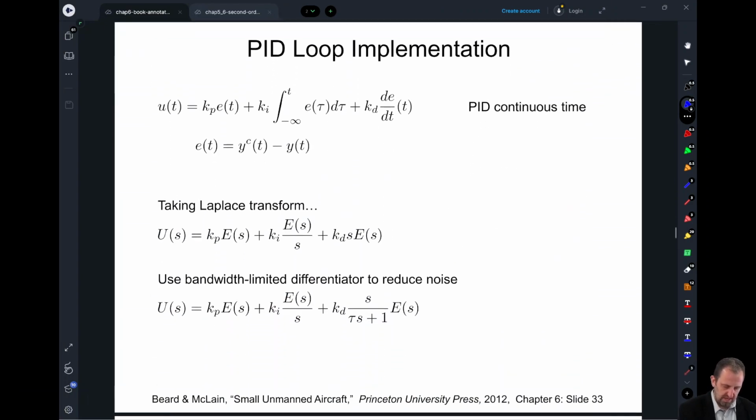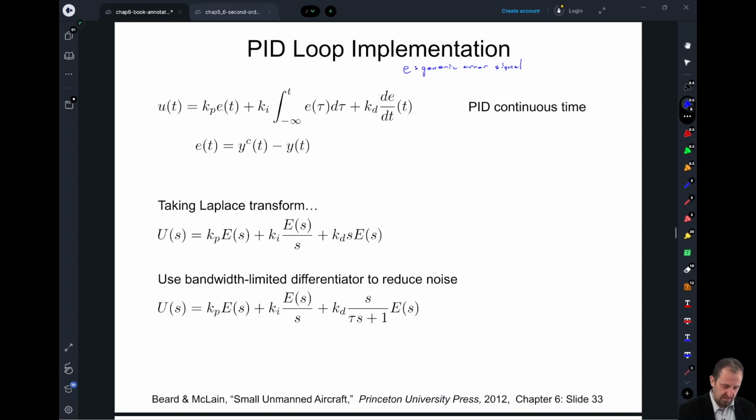we're going to assume that E is some generic error signal that we're going to be using for design of our PID loop. Now we used both PI and PD, and so that's just different components of what we have here.